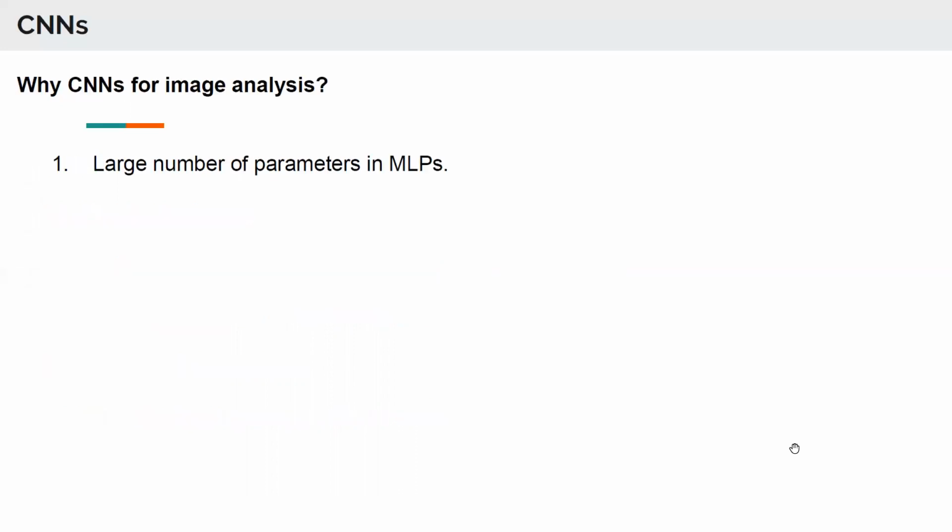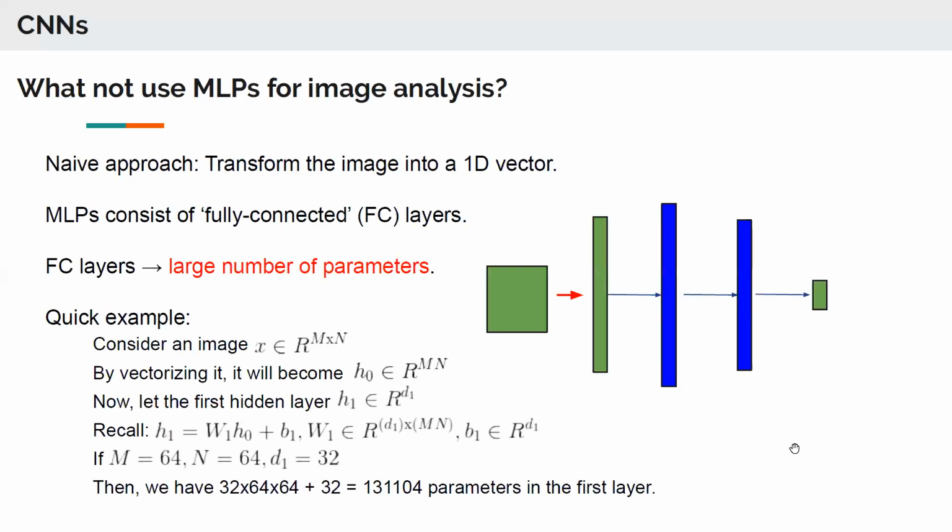One is, if we compare MLPs with CNNs, it turns out that MLPs contain many more parameters than CNNs, and this has a risk of overfitting to the training data, and CNNs are able to avoid that by having fewer parameters. Let's look at this a bit more in detail.